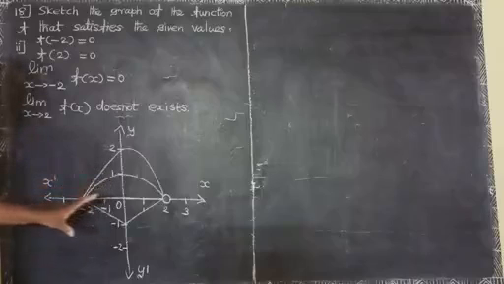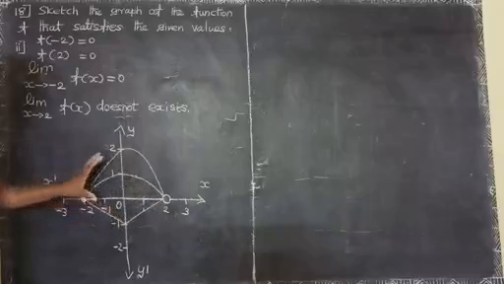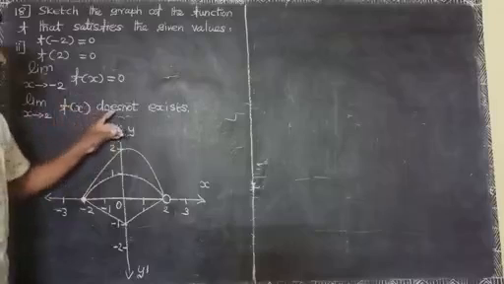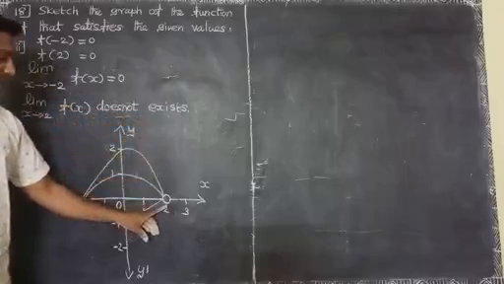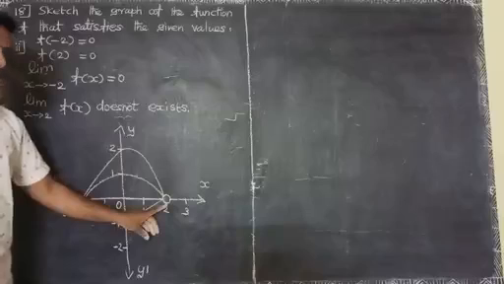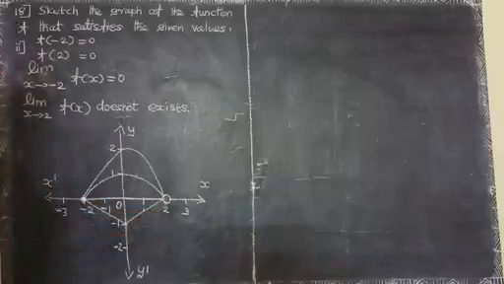Any one curve or straight line, but the limit as x approaches 2 of f of x does not exist. Does not exist means using a hollow circle.